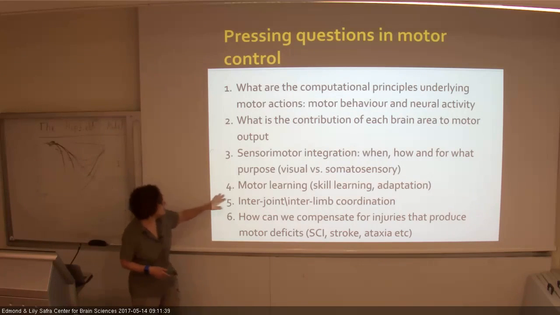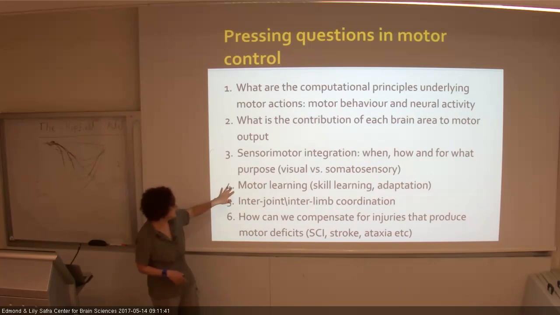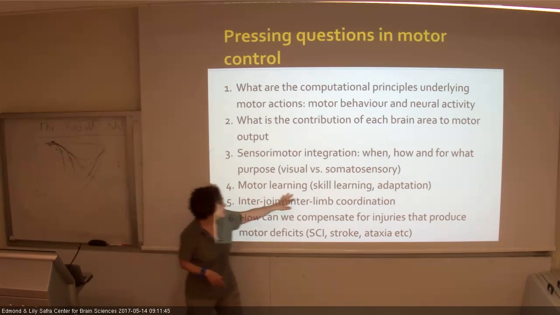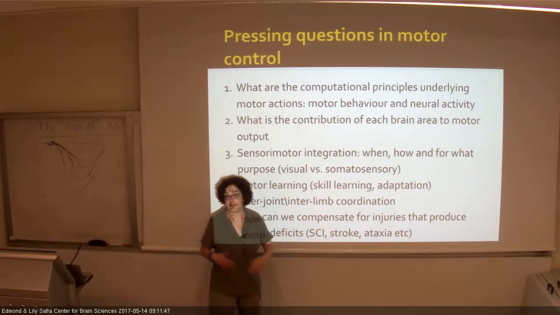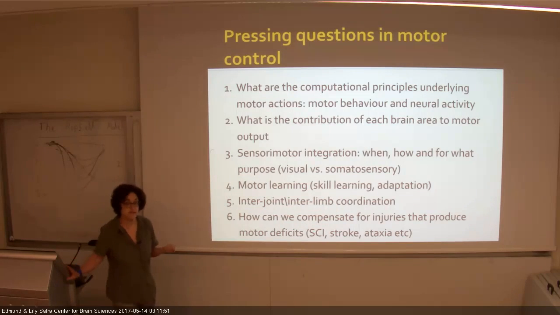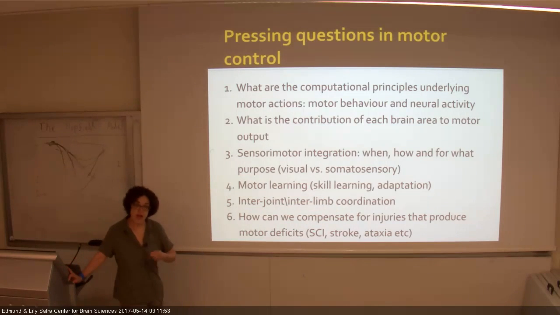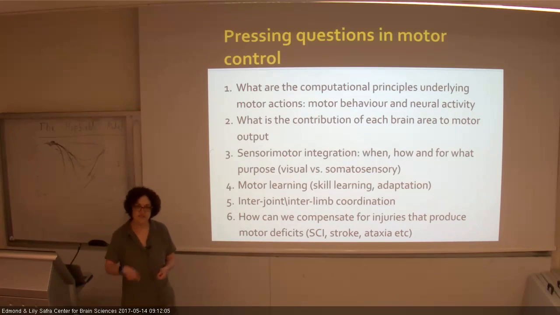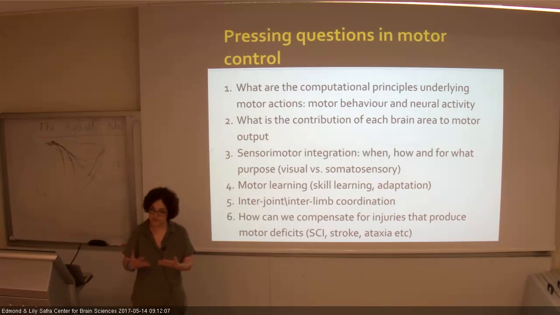We would like to understand better the process of motor learning. In motor learning, I talk about skill learning or motor adaptation. We learn skills in different ways, by practicing and by observing. Some of my motor skills I learned because I practiced. You learn how to write, you practice it more, and you get better.